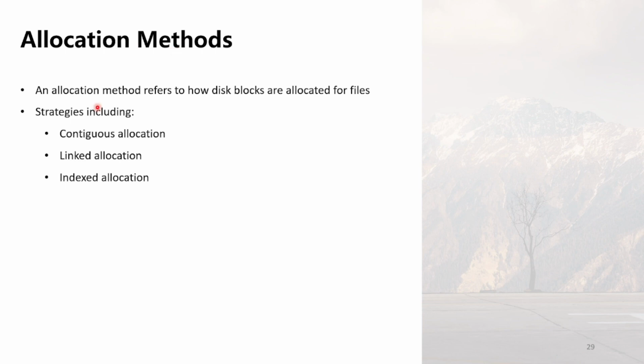It's not hard to imagine that a well-placed algorithm will affect the distance and speed of the read-write heads movement during reading and writing. Next, we will introduce 3 strategies for allocation: contiguous allocation, linked allocation, and indexed allocation.